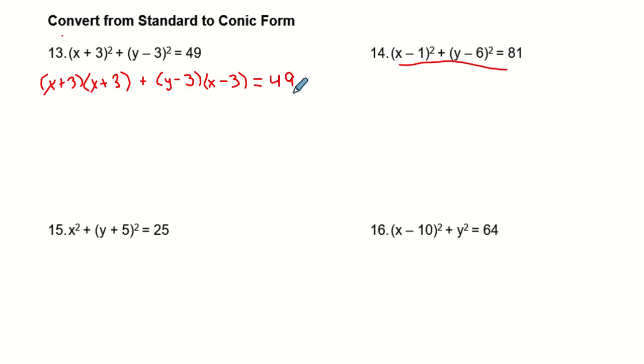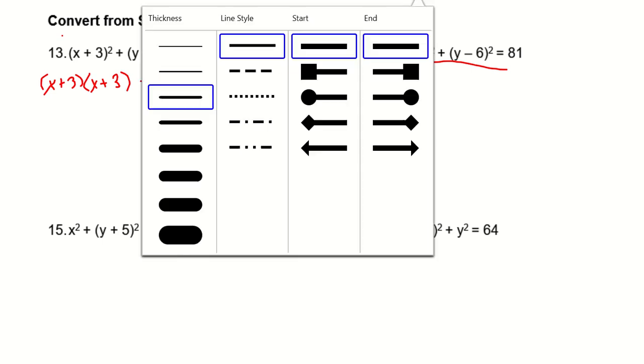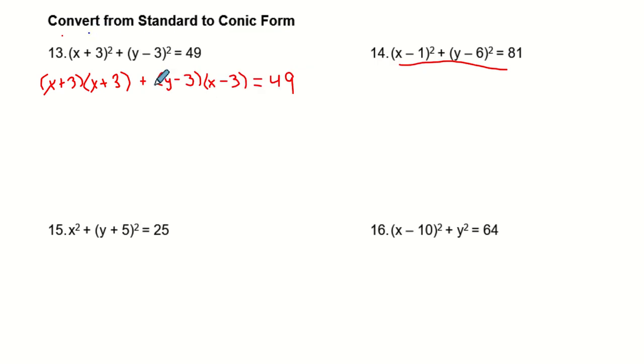So what we're going to have to do now is distribute all this here. So x times x is x squared. x times 3 is 3x.